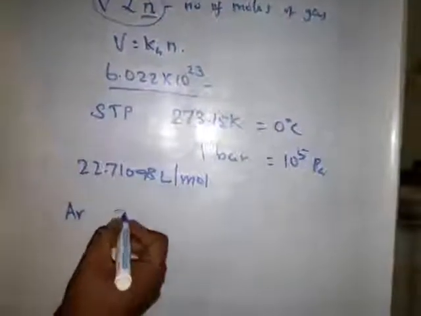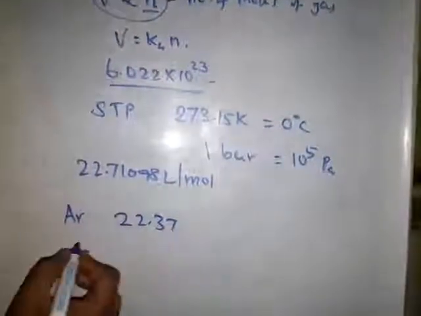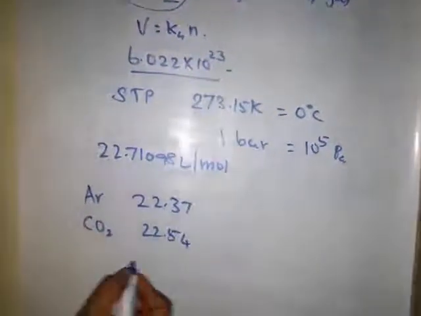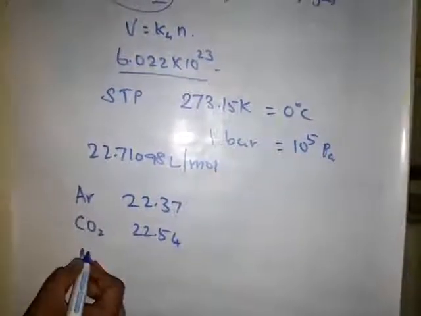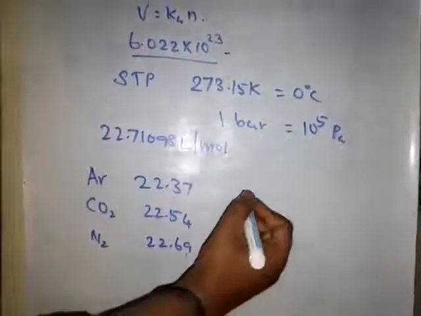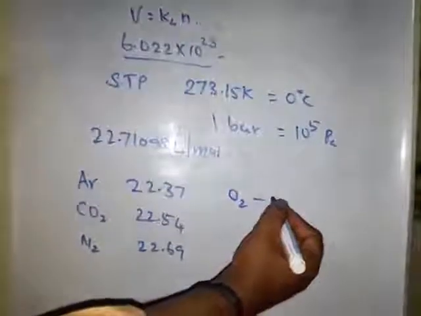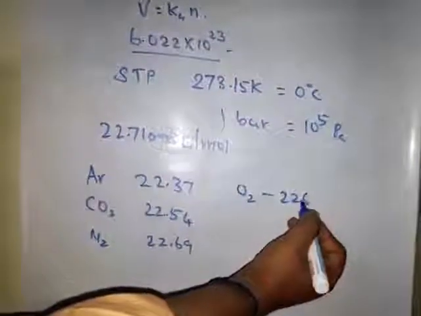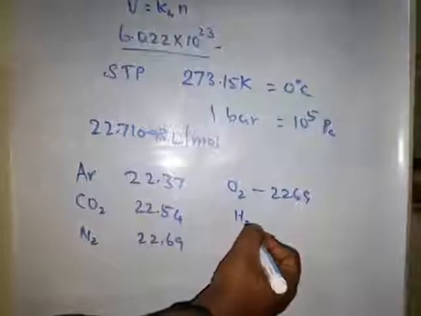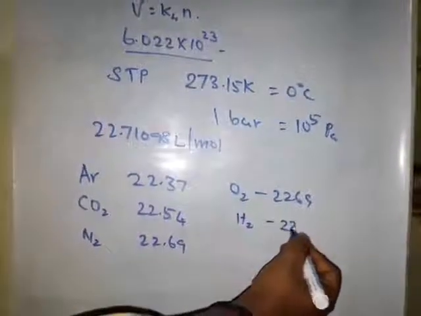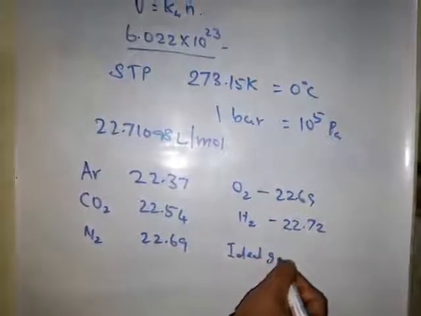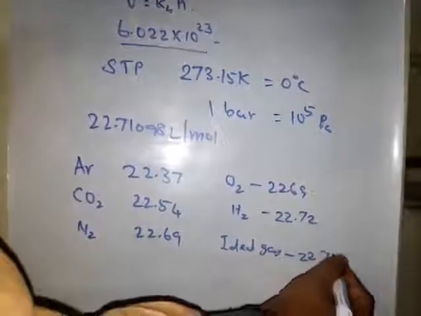Argon is 22.37, carbon dioxide is 22.54, dinitrogen N2 is 22.69, dioxygen is 22.69, dihydrogen is 22.72, and ideal gas is 22.7.